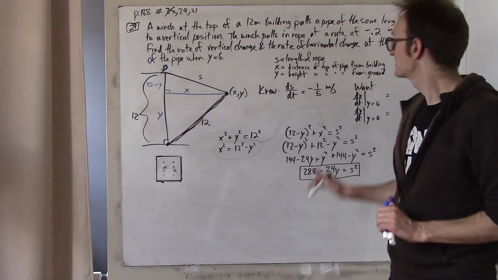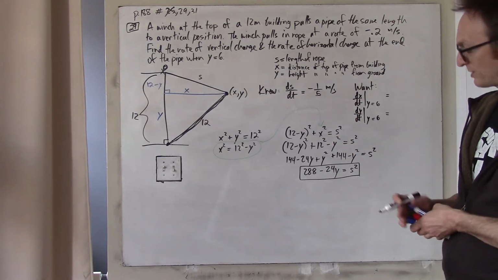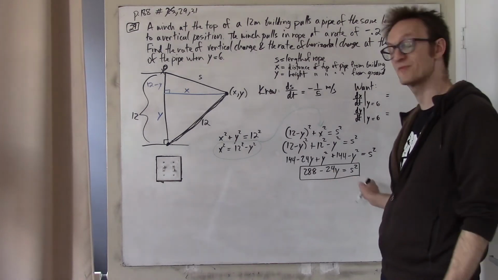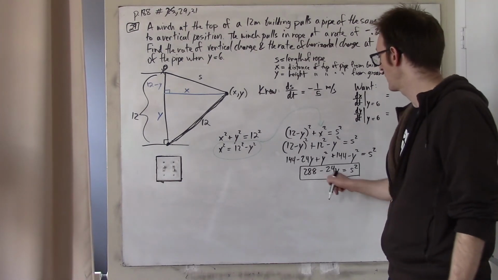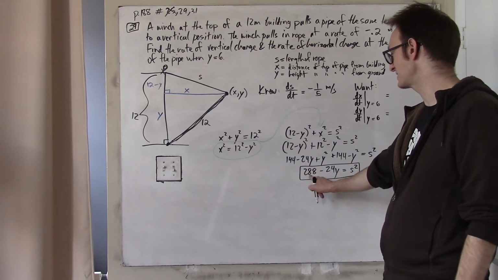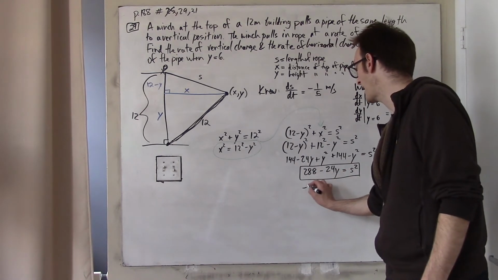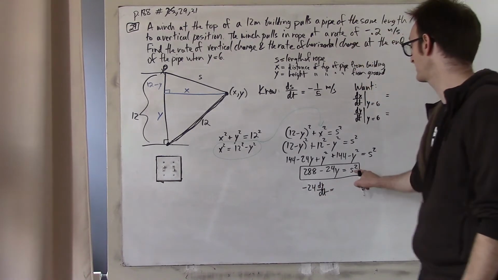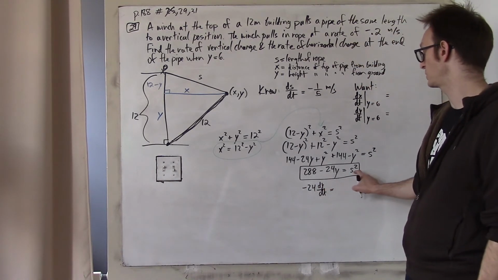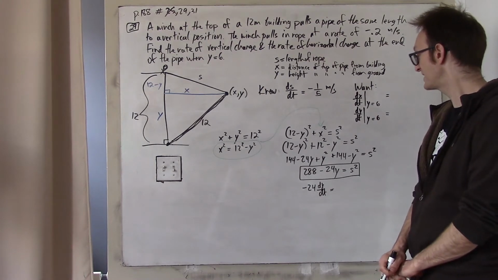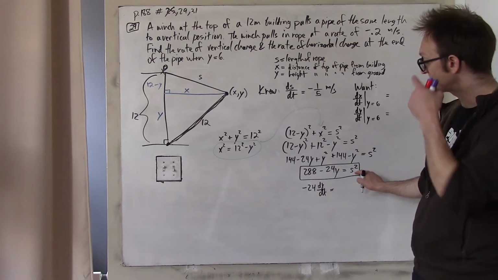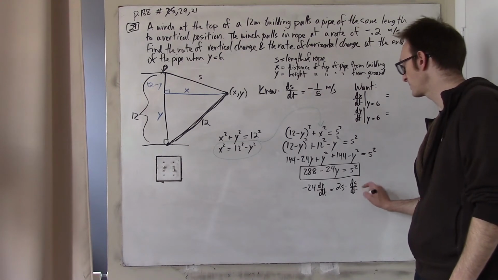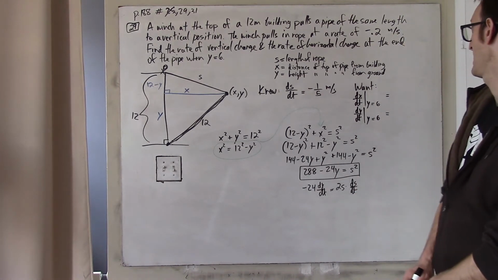Now, finally, sprinkle some magic calculus pixie dust on this and take the derivative of both sides with respect to t. Well, the derivative of 288 is 0. The derivative of negative 24y will be negative 24 dy dt. And the derivative of s squared with respect to t is going to be 2s times ds dt, since the derivative of something squared is 2 times that something, times the derivative of the something.